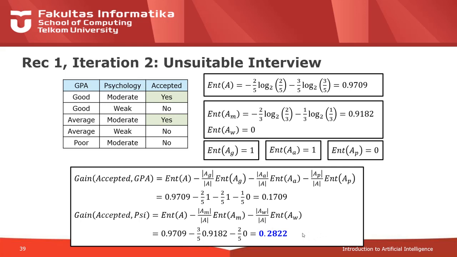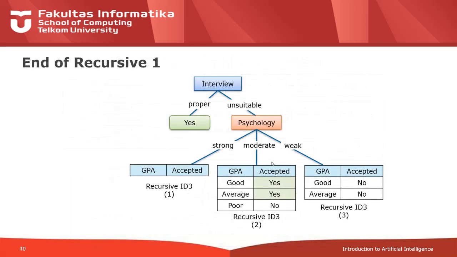So what happens if we have decided that psychology is the bigger gain? That means we will replace this decision tree that was previously a whole table with just the psychology. And then we split. We decide based on psychology. We have strong, and we have moderate and weak. We know that there is no data in the strong here.